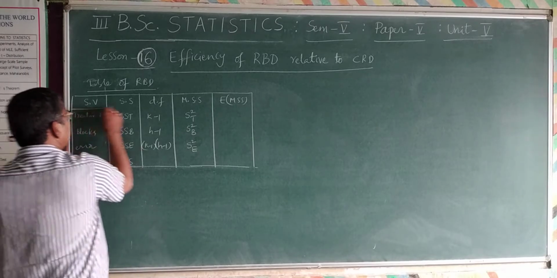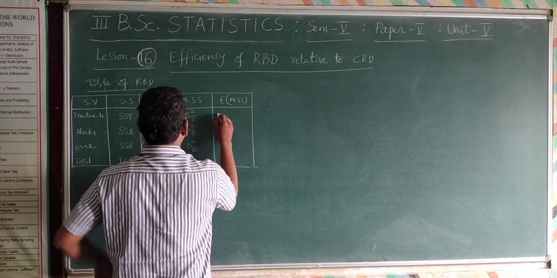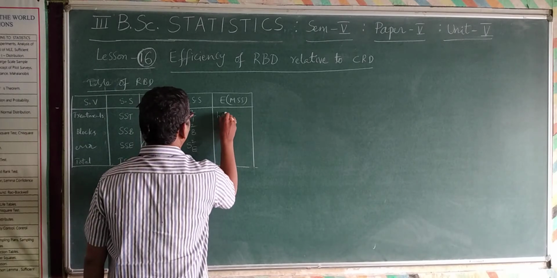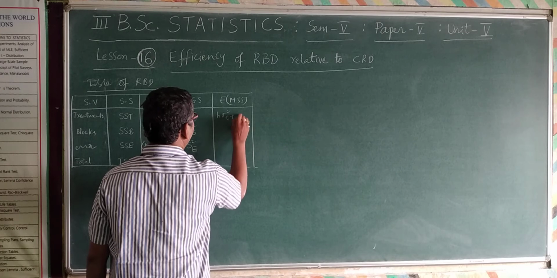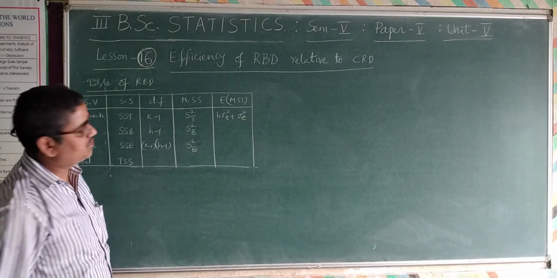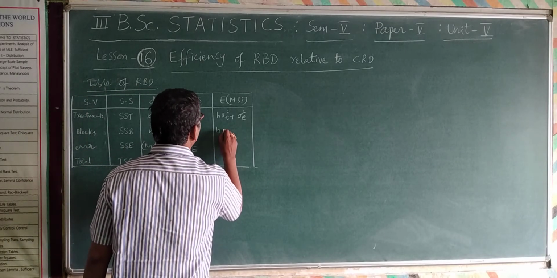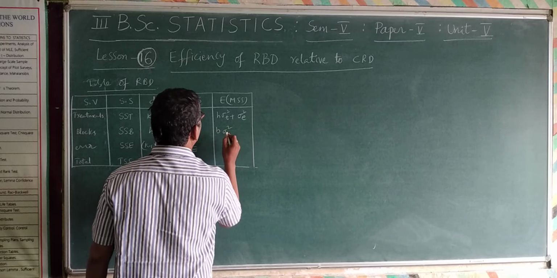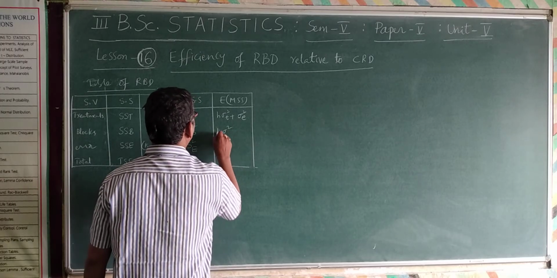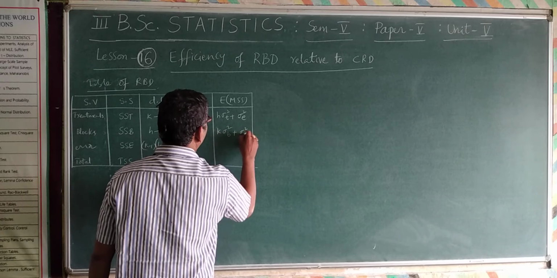What is required exactly? The expectation of mean sum of squares. For treatments it is h into sigma square t plus sigma square e. That is the expectation of mean sum of squares for treatments. For blocks, it is k multiplied by sigma square b plus sigma square e.